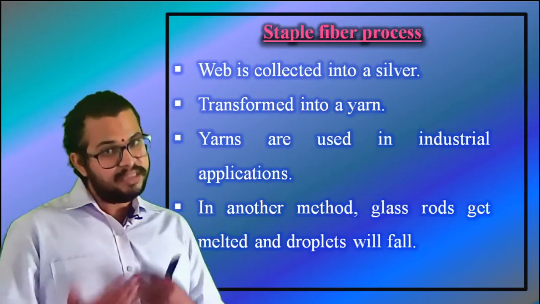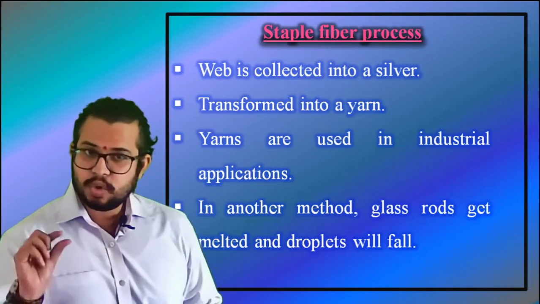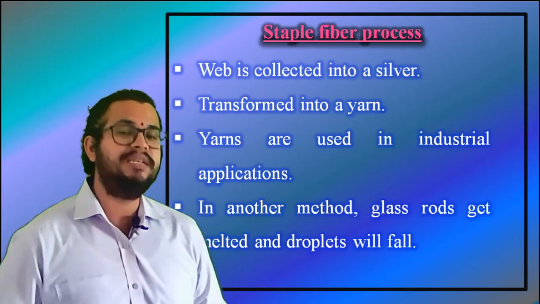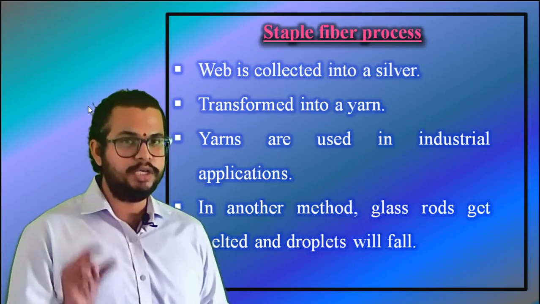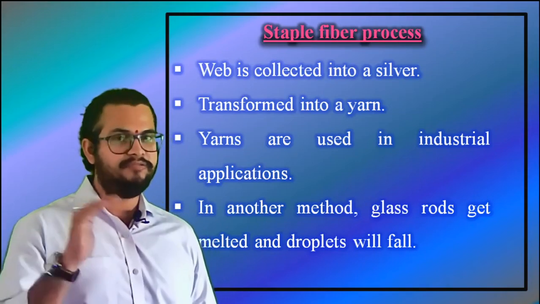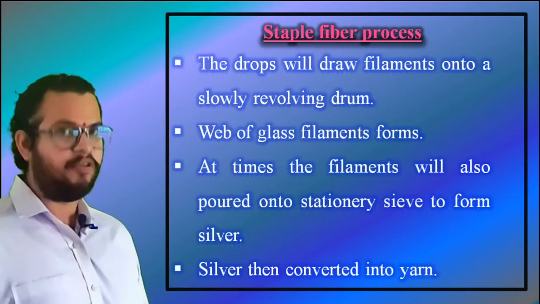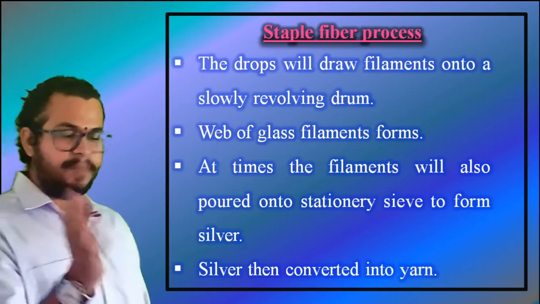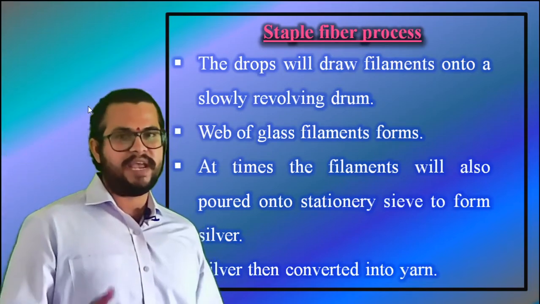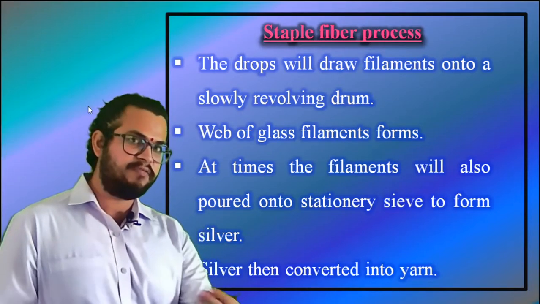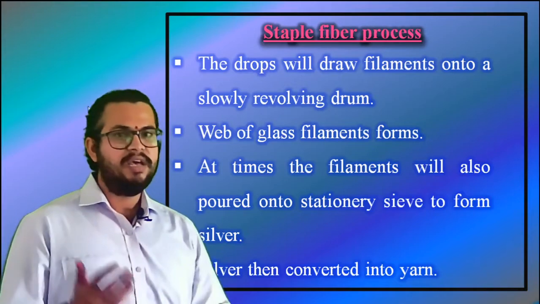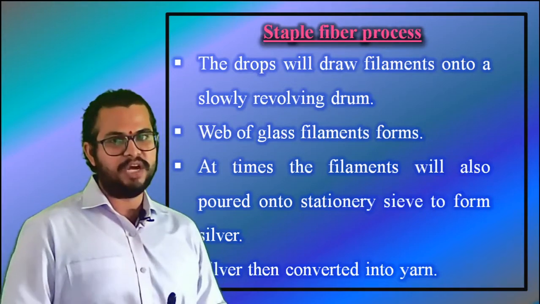In yet another method, the ends of the glass rods are melted, from which drops of glass will fall away. These falling drops draw glass filaments, and they pass onto the cylinder, which is revolving very fast, and they will be laid parallel to each other.